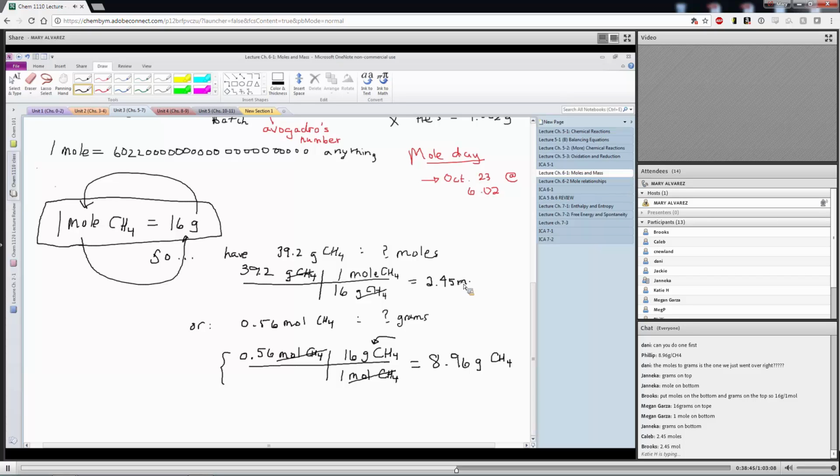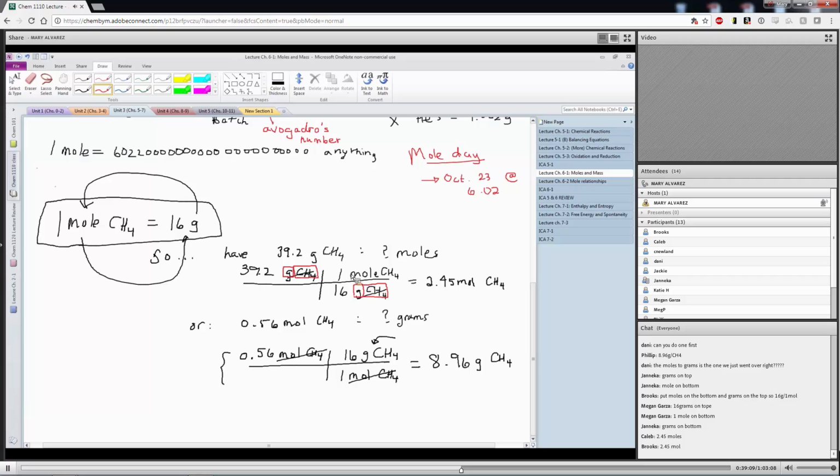Moles of CH4. And note here, by the way, when we're doing our dimensional analysis, at this point, because we're looking at moles and mass, every number value has a measurement unit that associates with it and an identity unit that associates with it that we should include in everything that we do, okay?